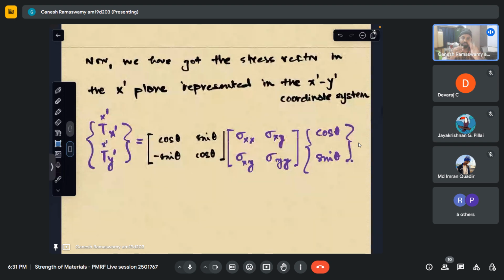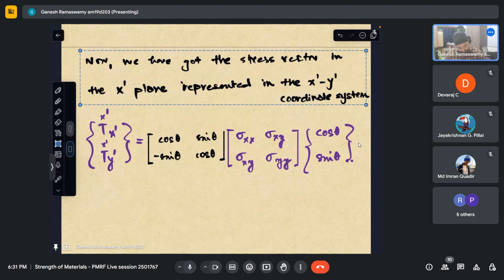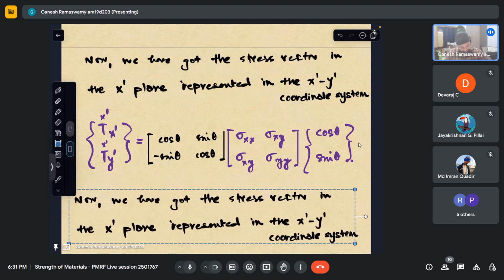I have this on the x prime plane. There is a traction vector which I have represented in that x prime y prime coordinate system, and I have got this expression. Similarly, I would want the same thing but on the y prime plane.